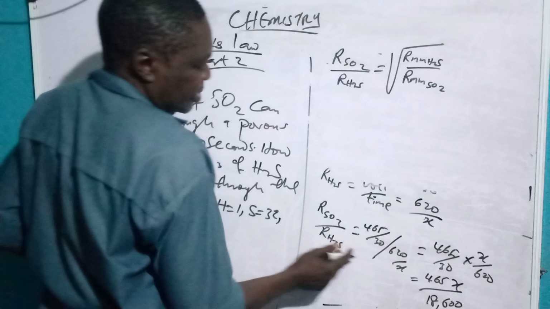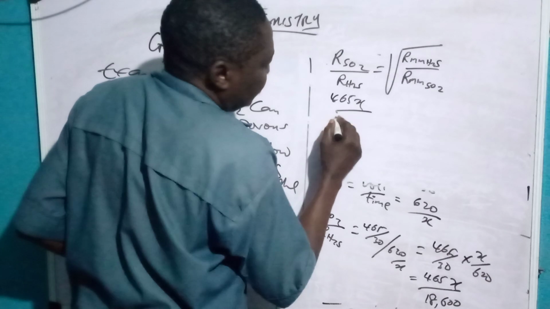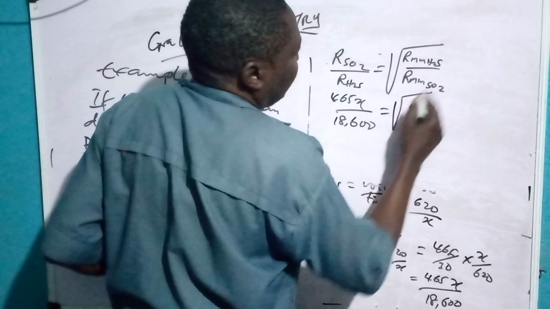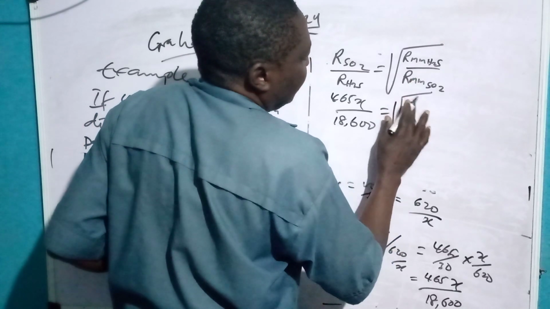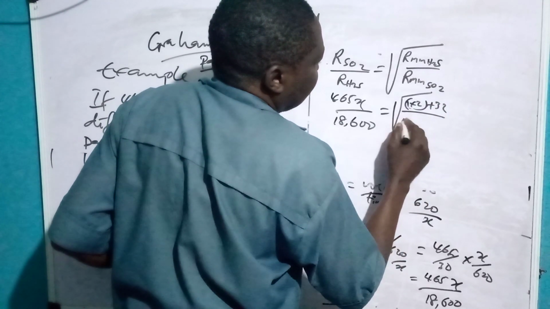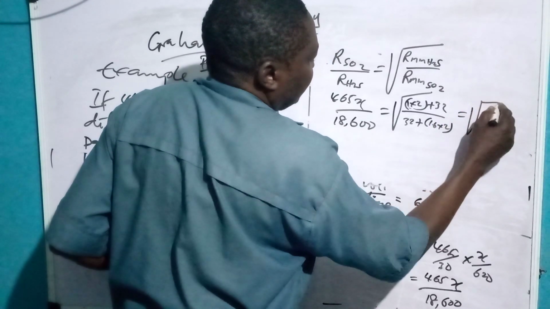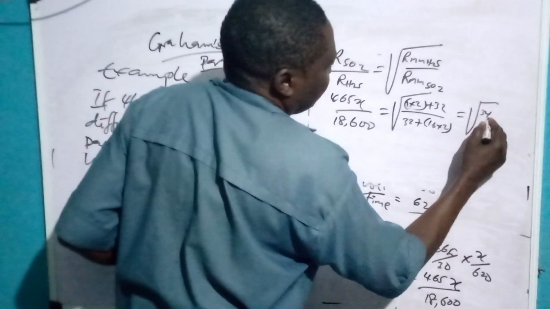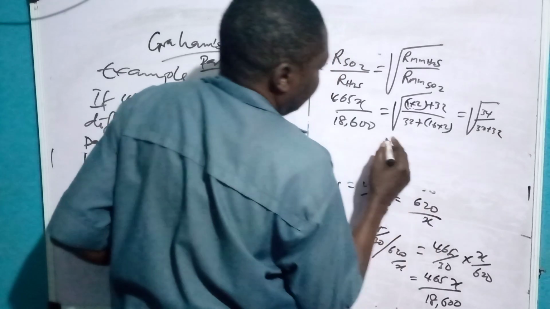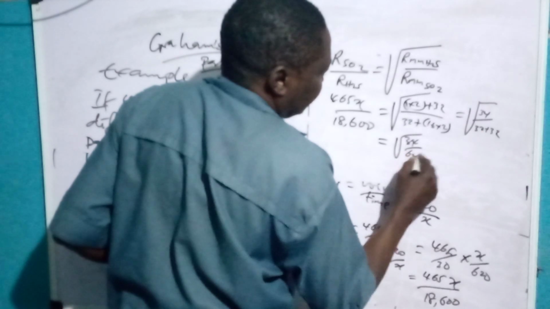We already know that R_SO2 over R_H2S is 465x over 18,600. The relative molecular mass of H2S is 1 times 2 plus 32, over 32 plus 16 times 2. This gives the square root of 34 over 64.